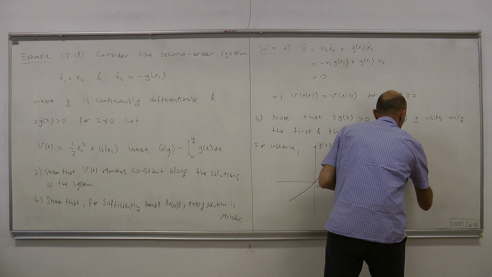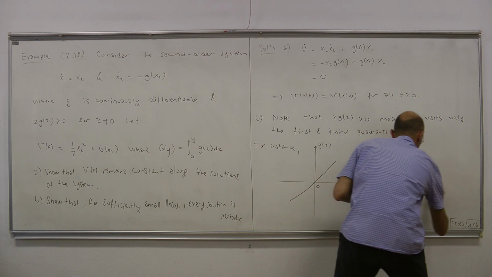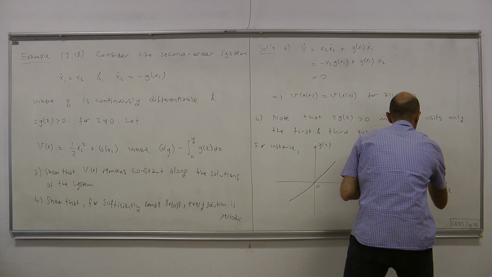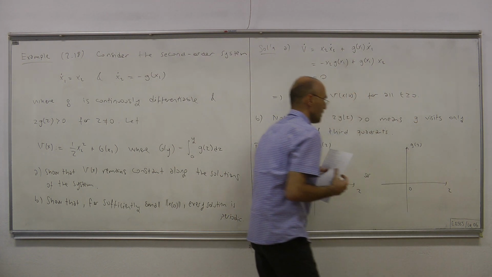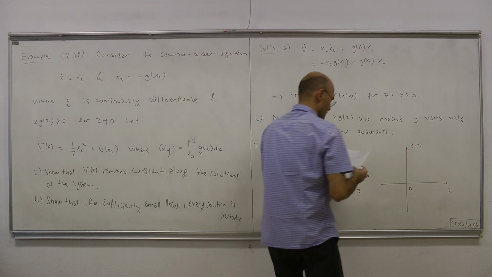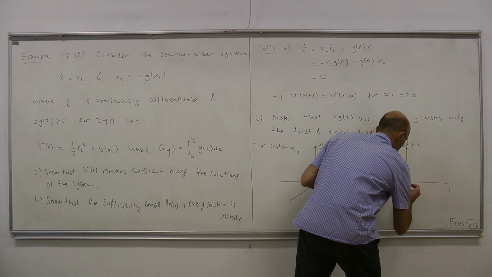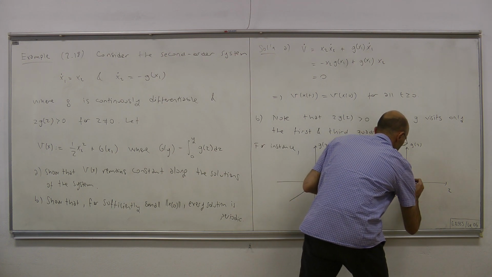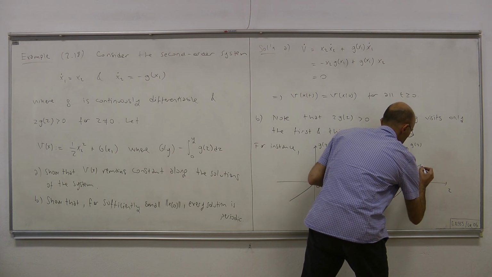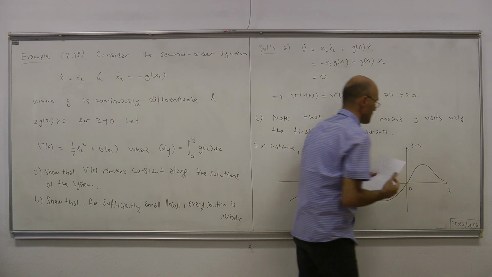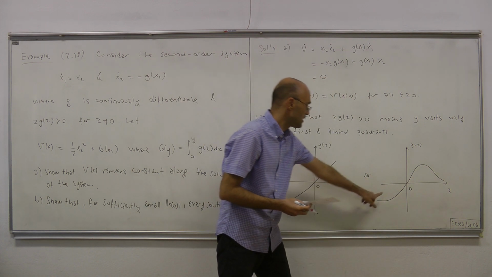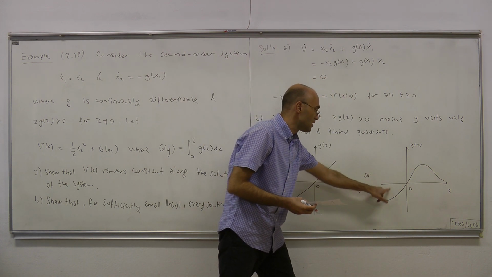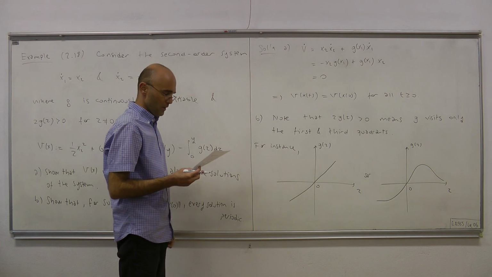We're allowing more general g's. Any g, for instance, something like this, is also allowed. It can maybe increase, it can decrease, but it can never become negative if z is positive. Or here, it can never become positive where z is negative, and so on.